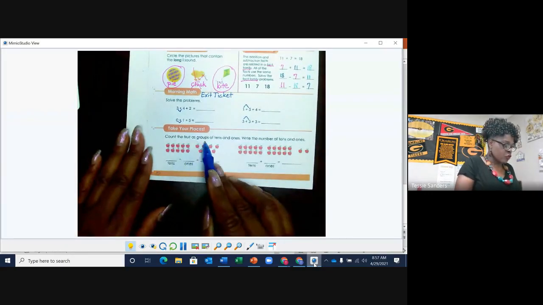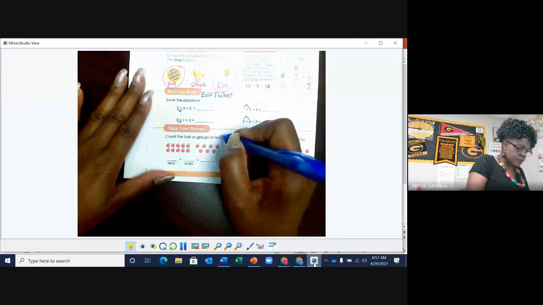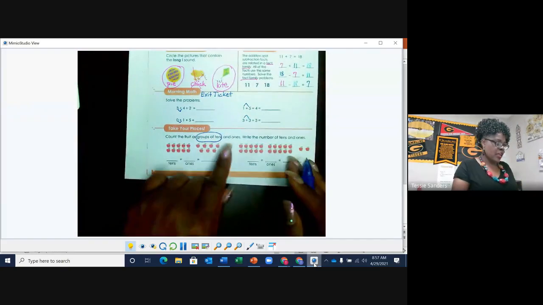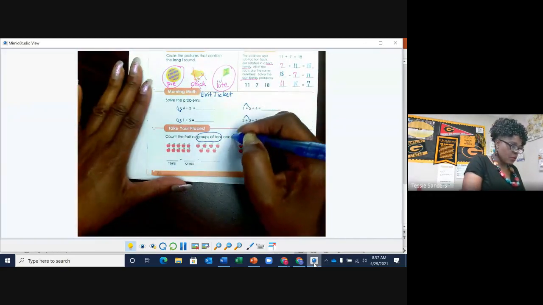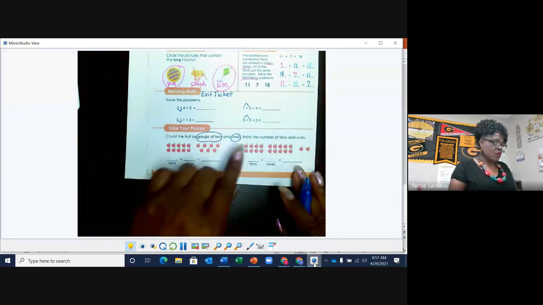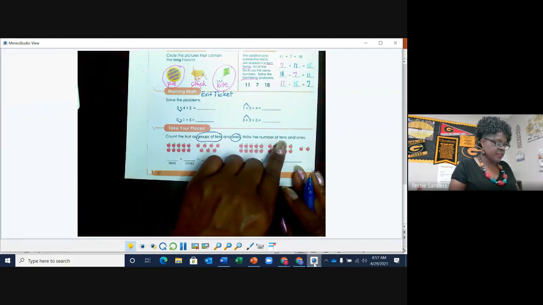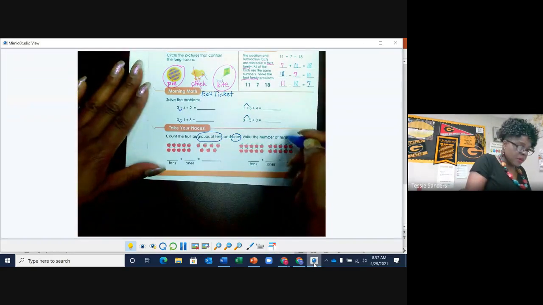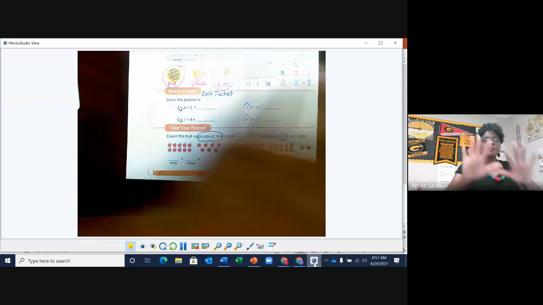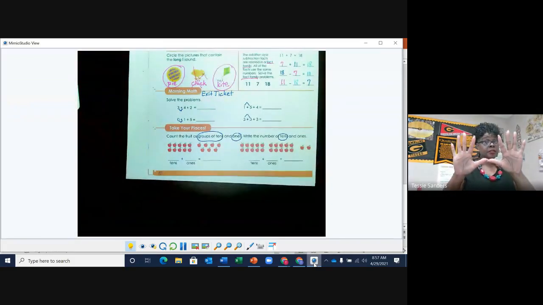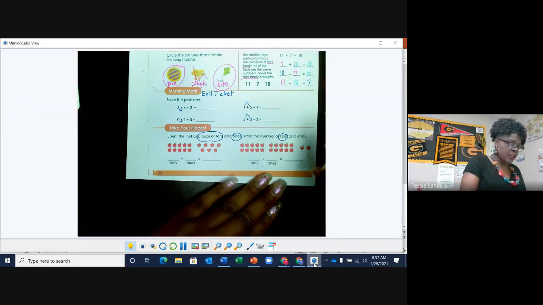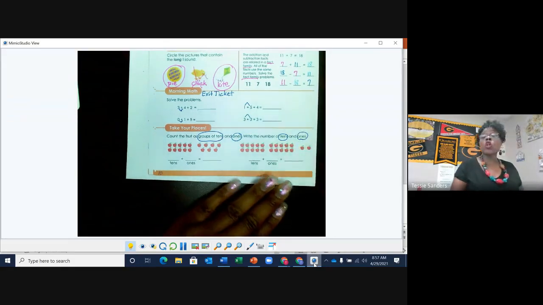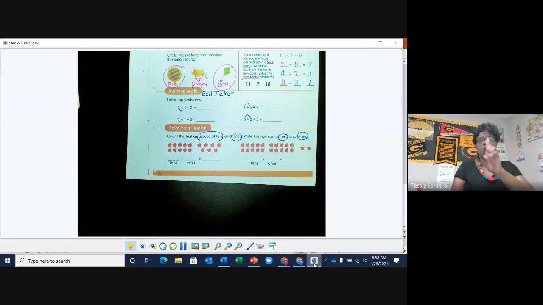Count the fruit as groups of 10 and ones. Write the number of tens and ones. So that means that we must count by tens. And each single piece of fruit will equal.